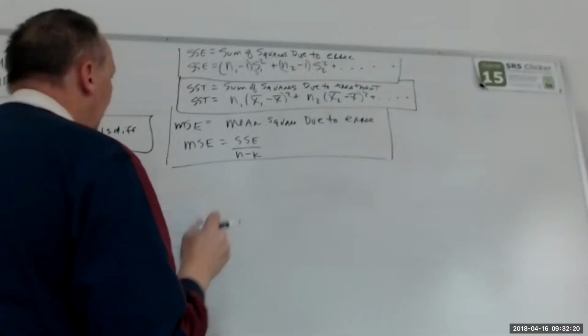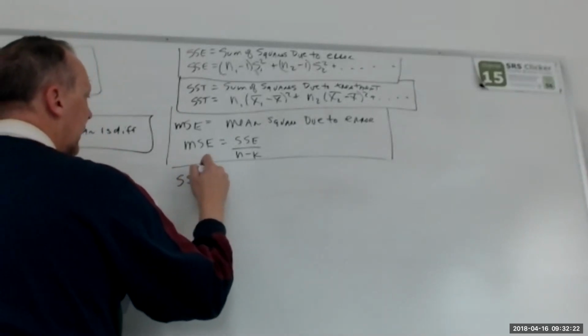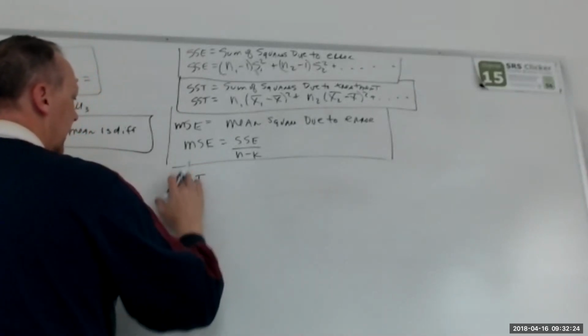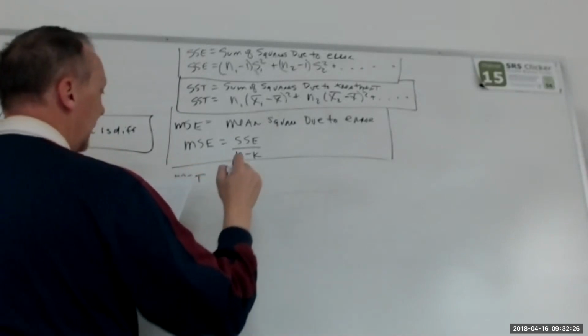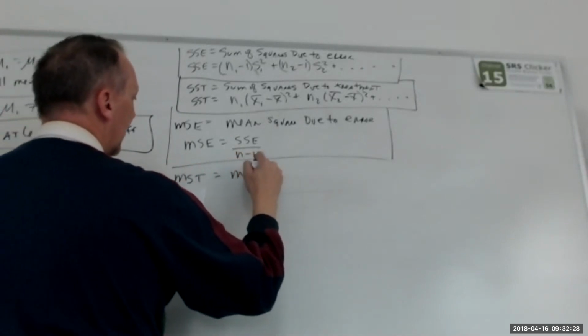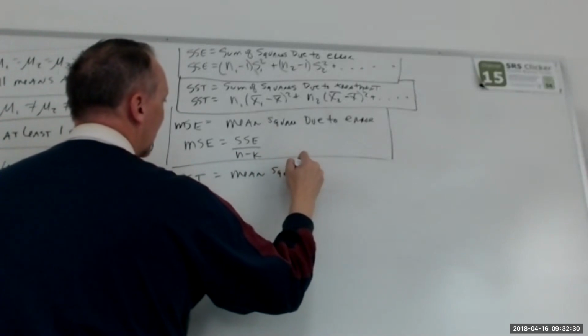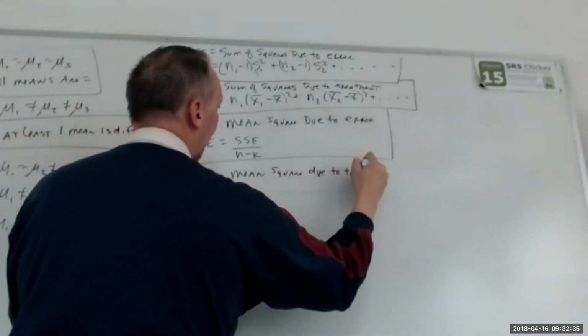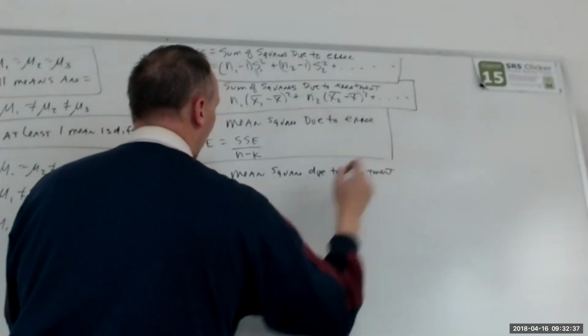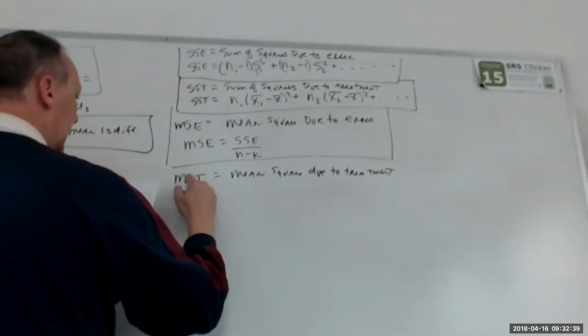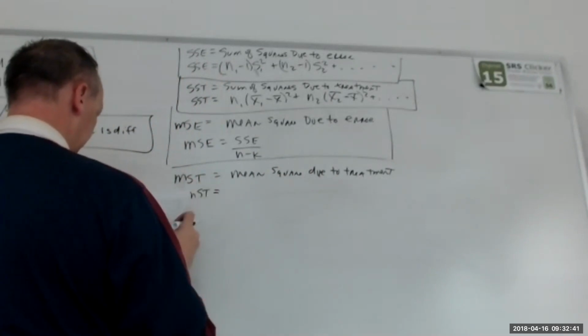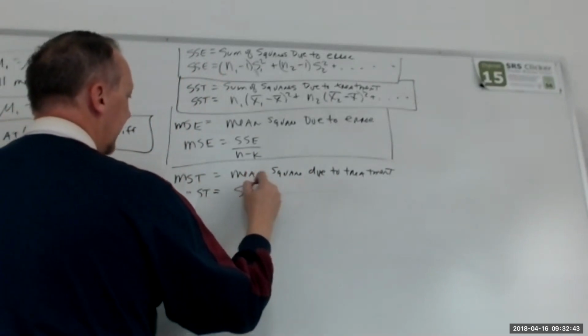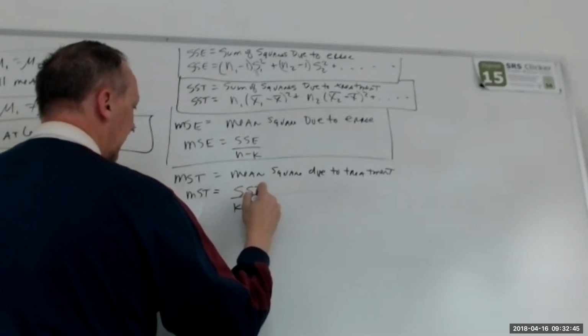Okay. Then we have the MST. The MST is the mean square due to treatment. The MST equals the SST divided by k minus 1.